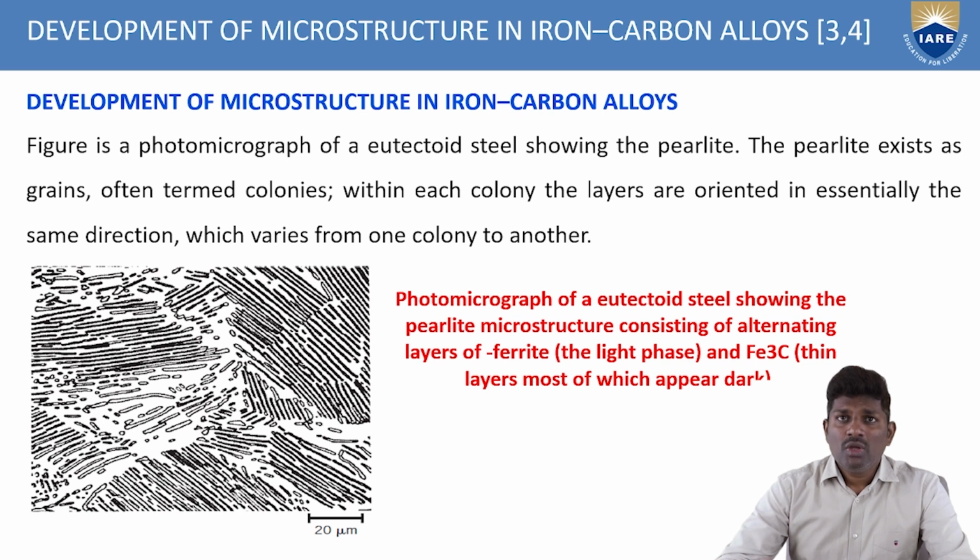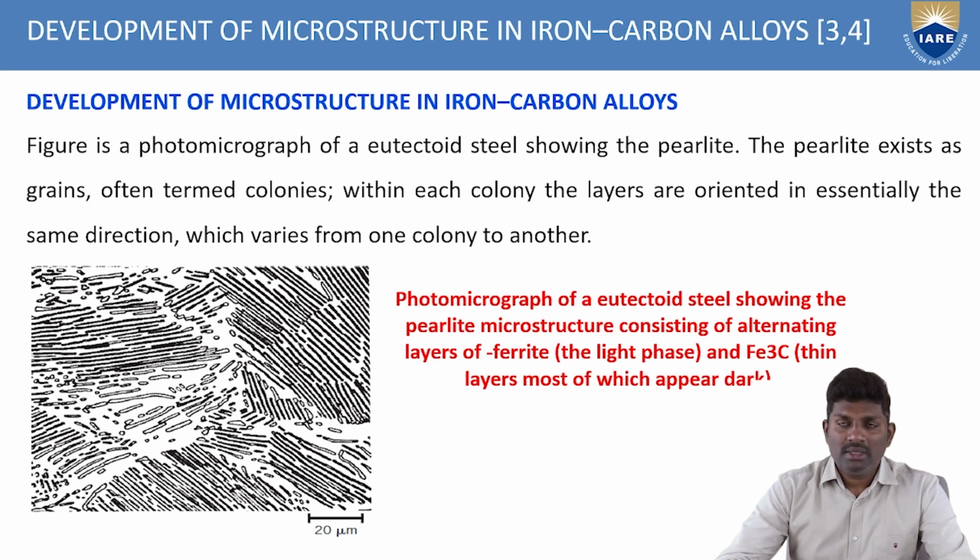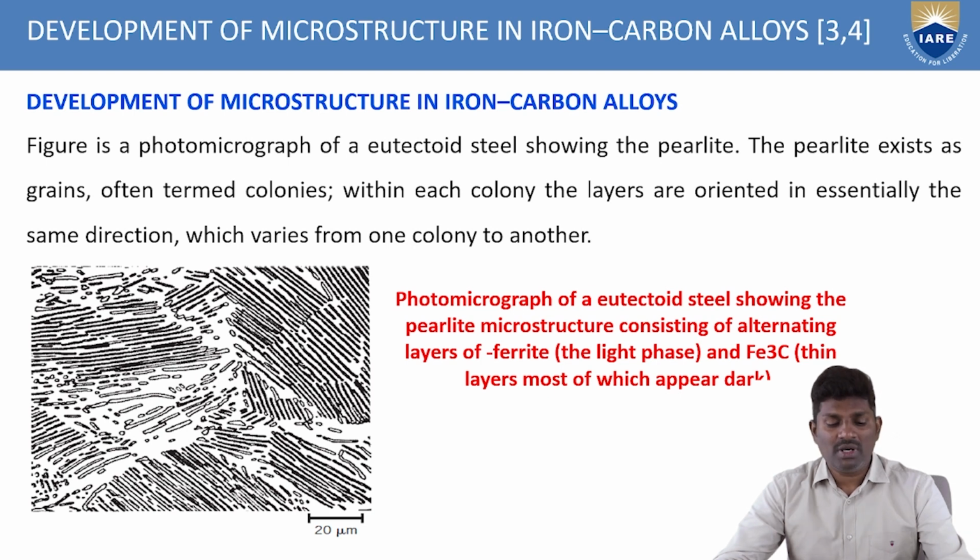Next, if you see the microstructure, the photographic view of this eutectoid steel, which is having layer by layer, alternative layers. So this is the thing you can see clearly, that is the pearlite, which is existing like a grain system, in terms of colonies, which is arranged layer by layer, alternate layers of the ferrite as well as the cementite.